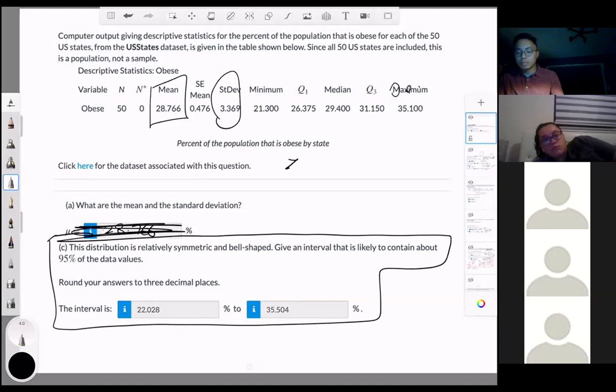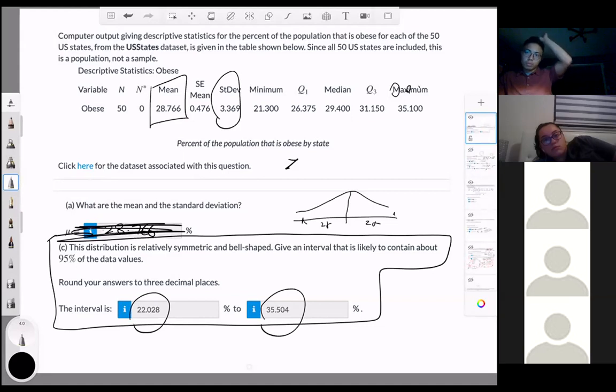So 95%. We know 2 standard deviations above and 2 standard deviations below the mean is 95%. And this is going to give us the interval. So it'll be the mean plus 2 standard deviations, and the mean minus 2 standard deviations.